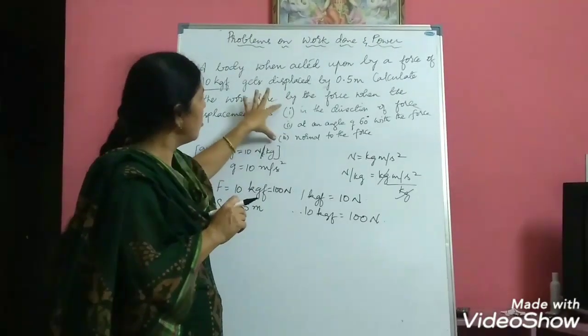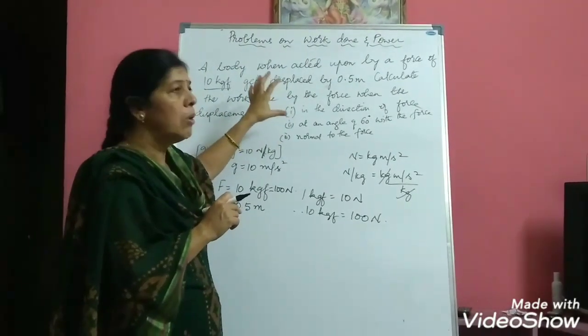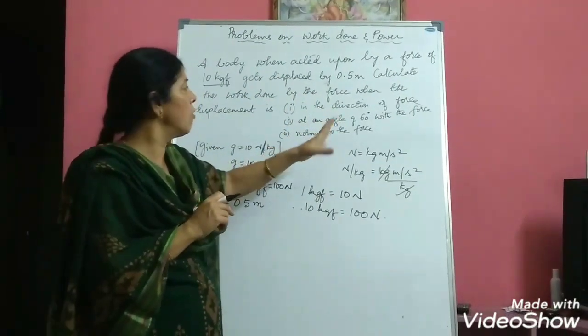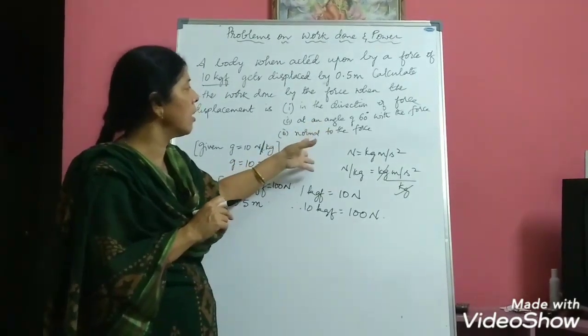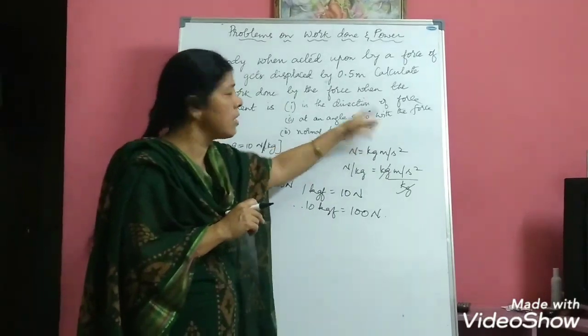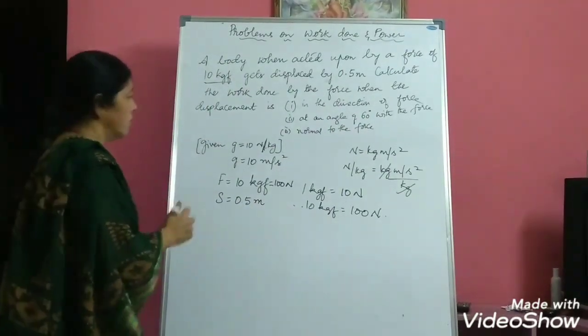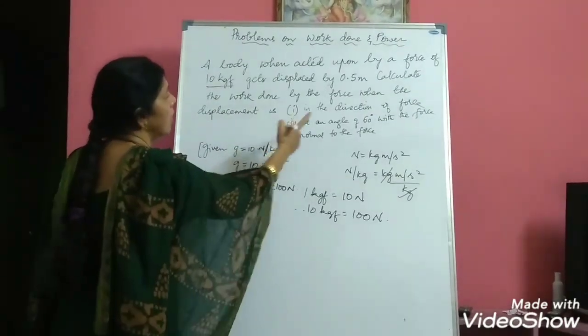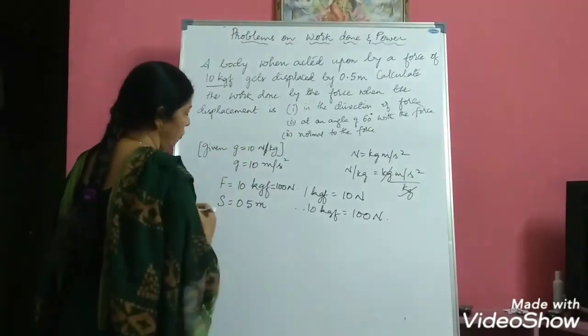Here, in the 3 questions we have to calculate the work done. In one case, work done is positive. In one case, work done is 0. In another case, we have to calculate the work done. We are given some angle. First question we shall take: the displacement in the direction of force.